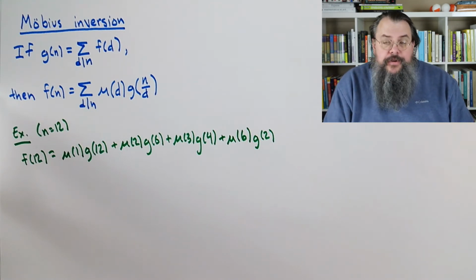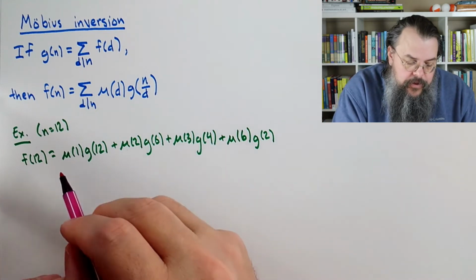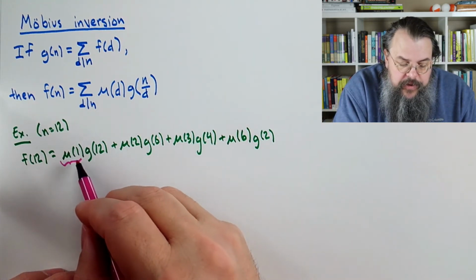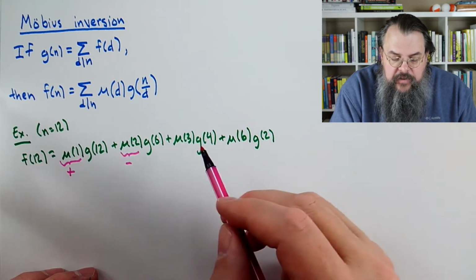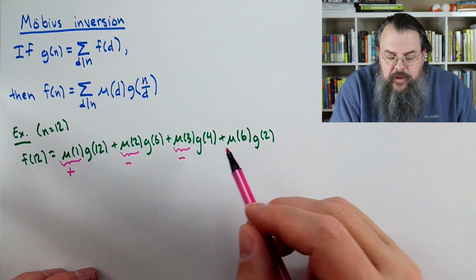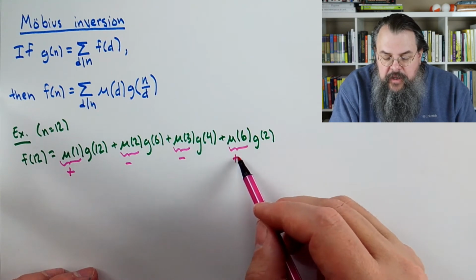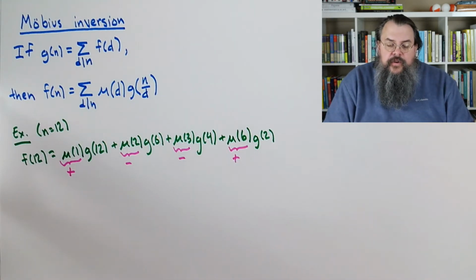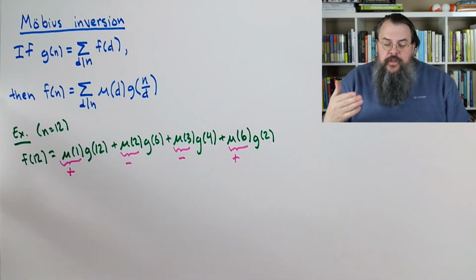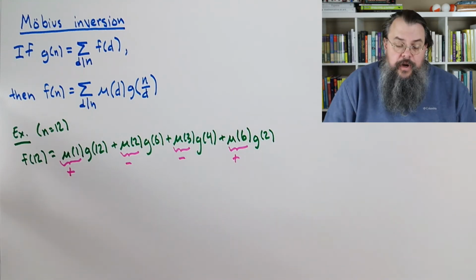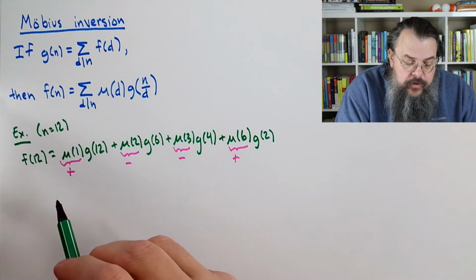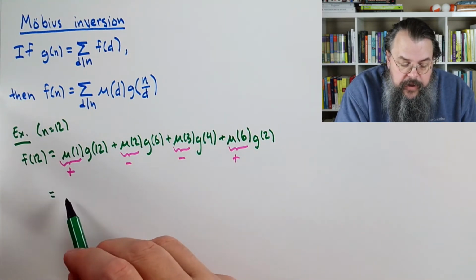Now, a couple things we should do is, of course, note what's going on. So the Mobius function, when we talk about things which are plus or minus, we really mean there's a sign. So it's a plus, minus, minus, plus. So let's work through what each one of these contributes. We'll start with g of 12, and that's being added.